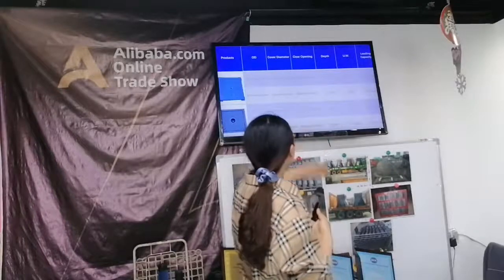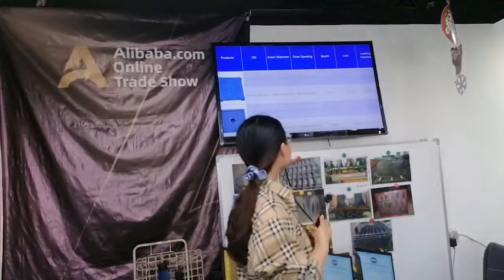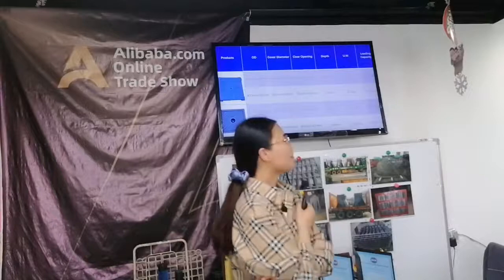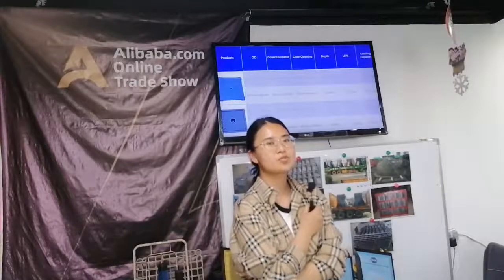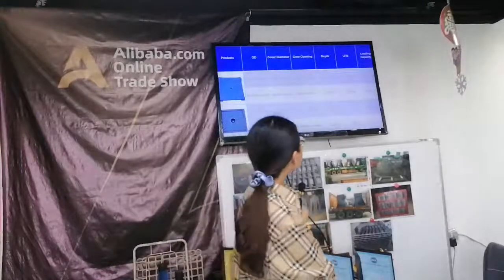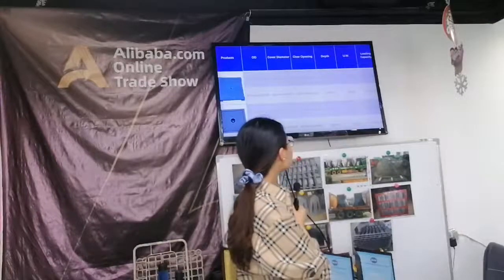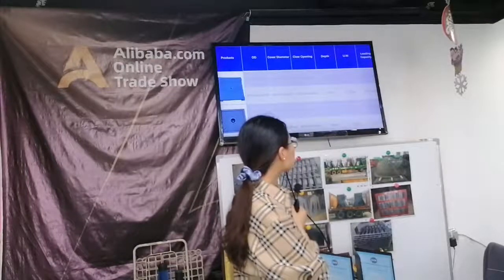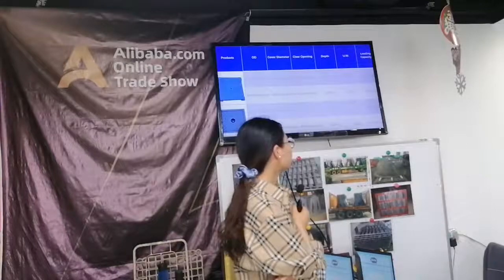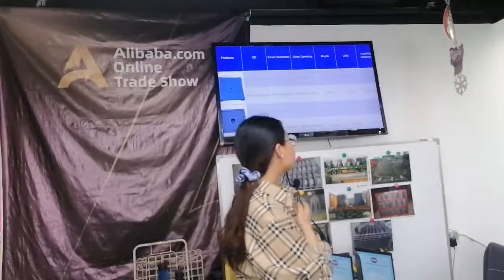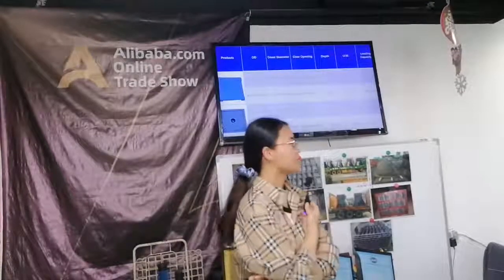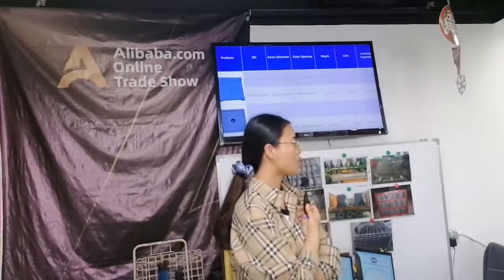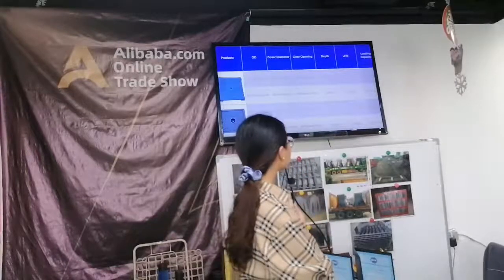For this one, the outer diameter is 400 millimeter. The cover diameter is 390 millimeter. The clear opening is 330 millimeter. The depth is 60 millimeter, and the unit weight is about 18.5 kilograms.